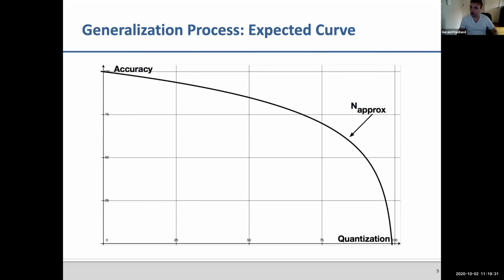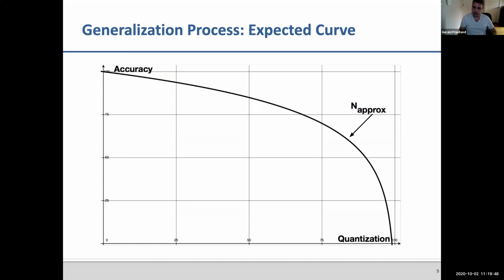And the curve you should see, and we've seen many, many times, looks like this. At memorization, right, zero generalization, you get to basically maximum accuracy if you have perfect training, or good training at least.